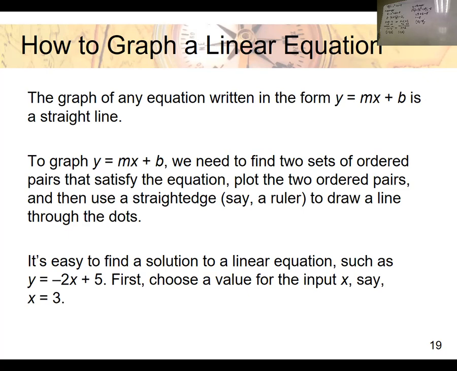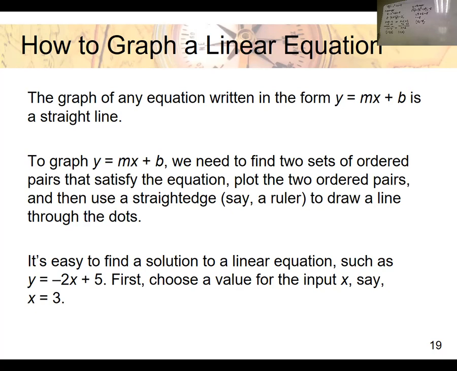To graph y equals mx plus b, we just find two ordered pairs that satisfy the equation and plot those two ordered pairs on the coordinate plane, and then use a straight edge, like a ruler, to draw the line through those two dots. They say two ordered pairs because it only takes 2 points to create a line.